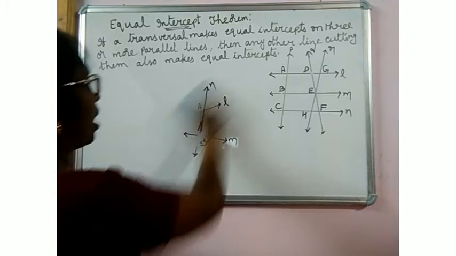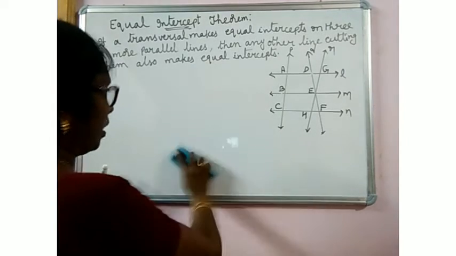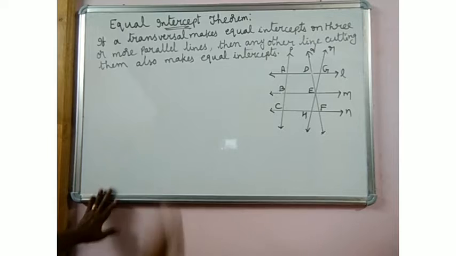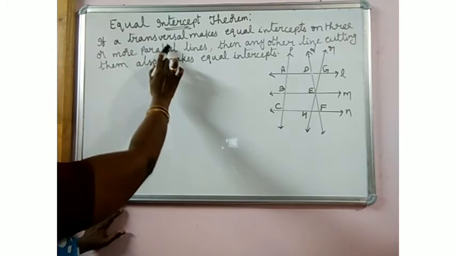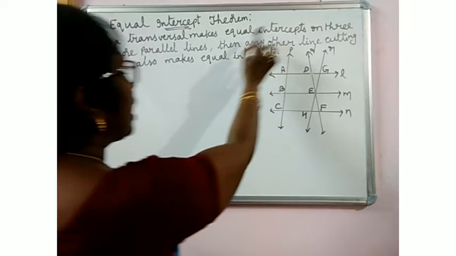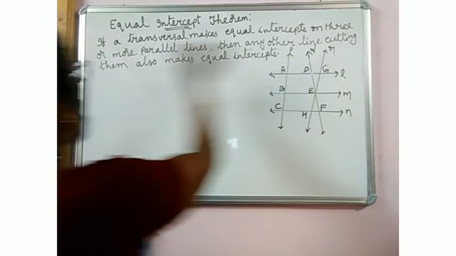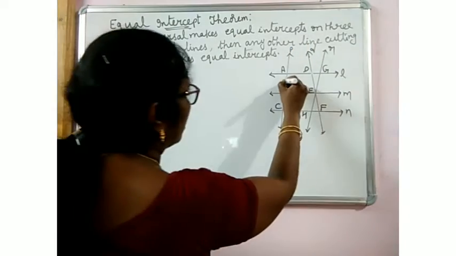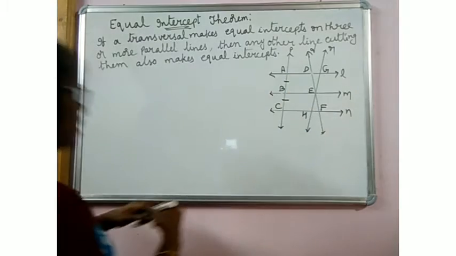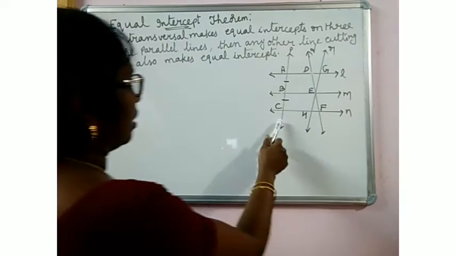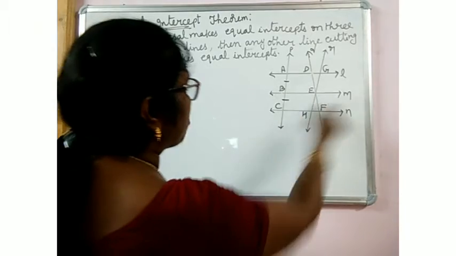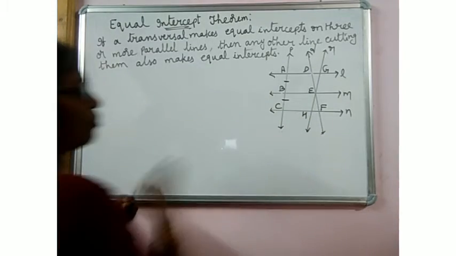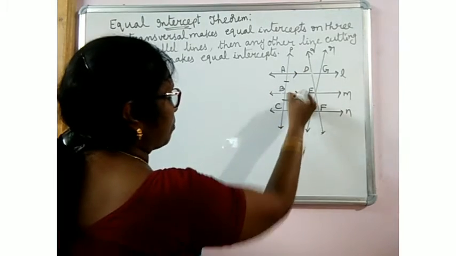Now let us have the theorem. If a transversal makes equal intercepts on three or more parallel lines, here AB is equal to BC. In this figure, lines L, M and N are parallel.